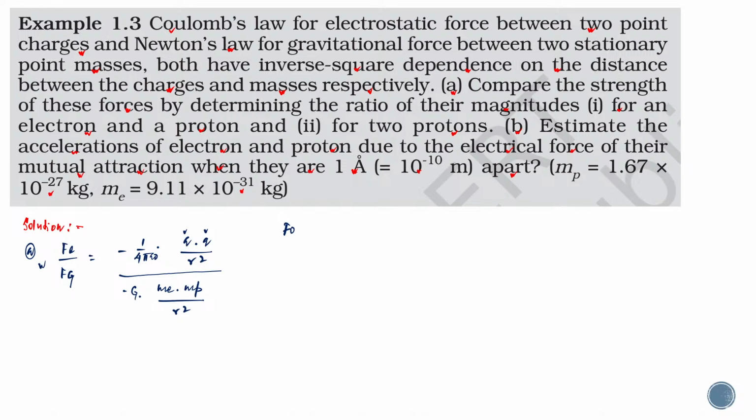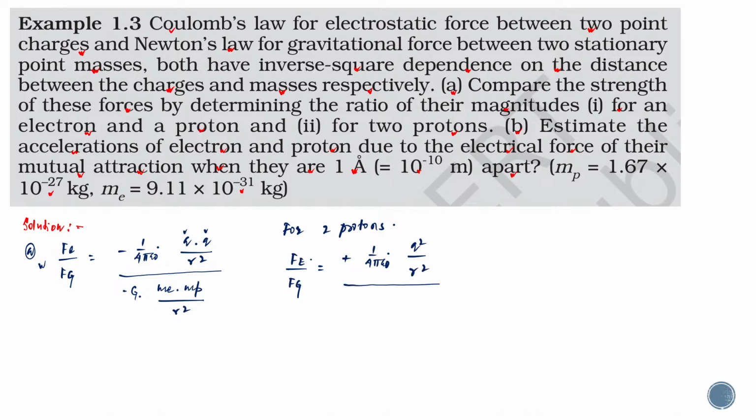For 2 protons it will be electrostatic force by gravitational force. Then the force will be repulsion, therefore we write down here plus 1 by 4 pi epsilon naught into, both protons have the same charge, therefore we write down here q square by r square.